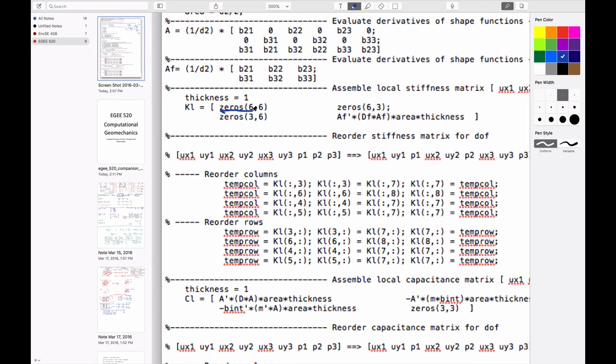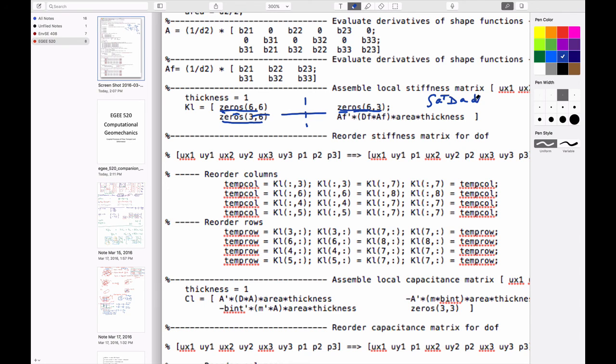6 by 6 zeros, 6 by 3 zeros, next line, 3 by 6 zeros. So in other words, this is all zeros. And then the term that exists here is the conductance matrix. The A matrix for the fluid flow part, so remember, integral A transpose dA dV.